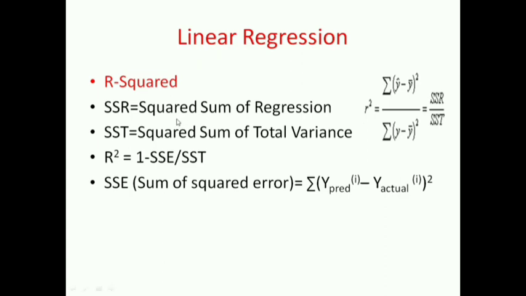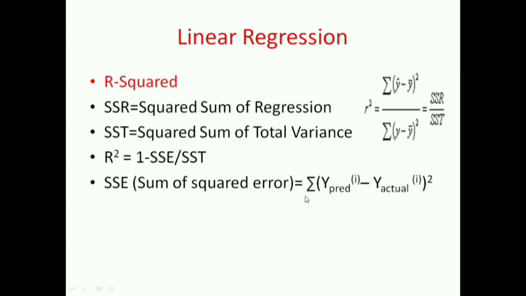SSR is the squared sum of regression and SST is the squared sum of total variance. You can use another equation to calculate this R squared value, and that is 1 minus SSE, the sum of squared error, over the SST. SST, as I just told you, the bottom part will remain the same: the difference between y actual minus the mean value of y actuals, squared, and the summation for all the data points.